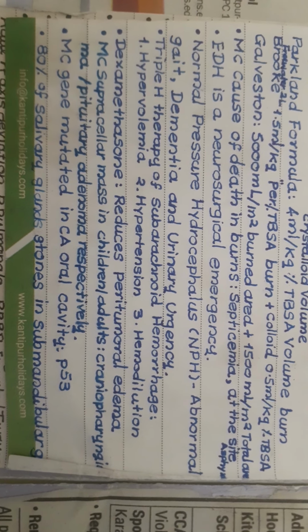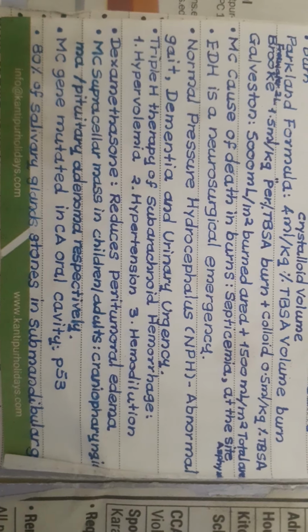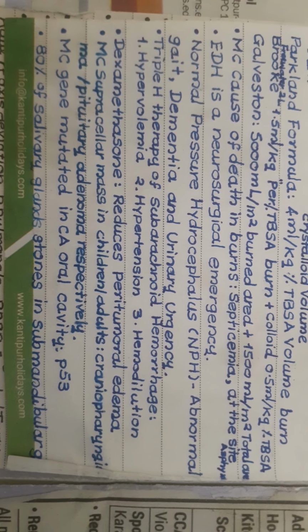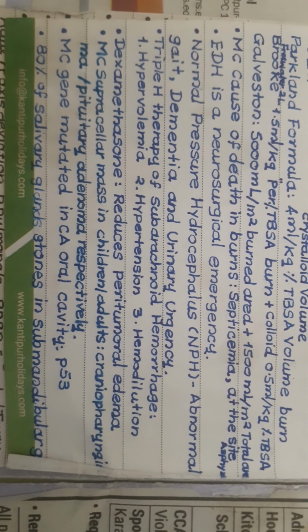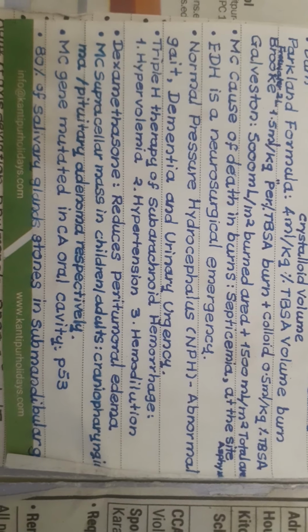Most common suprasellar mass in children and adults: craniopharyngioma and pituitary adenoma, respectively. Most common gene mutated in carcinoma of oral cavity: P53. 80% of salivary gland stones are in the submandibular gland.